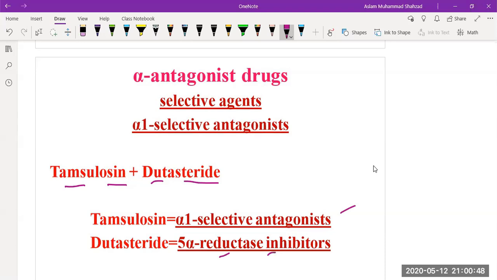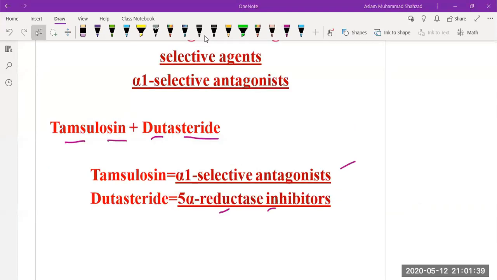What is a 5 alpha reductase inhibitor? Actually, as the name says, it acts on the enzyme 5 alpha reductase, and by inhibition of the enzyme, it is responsible for the treatment of enlarged prostate or hair loss, scalp hair loss especially.